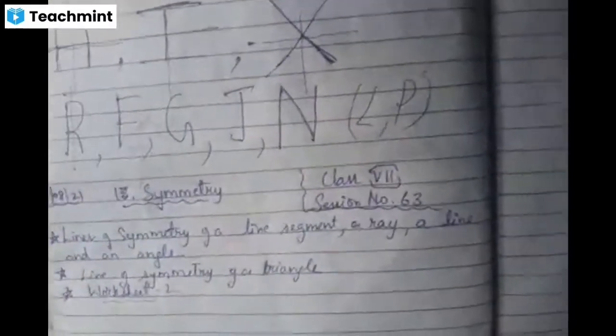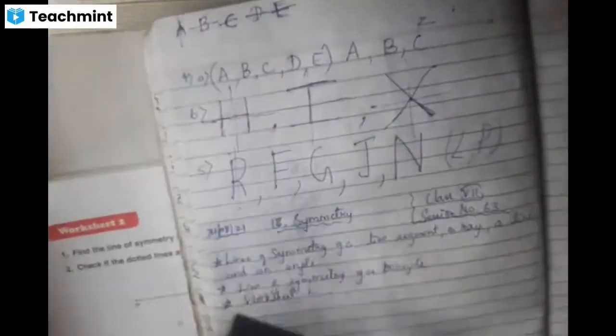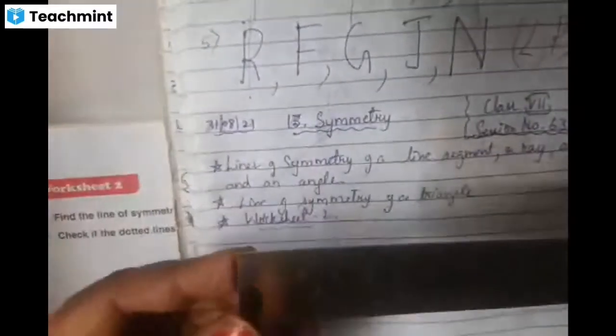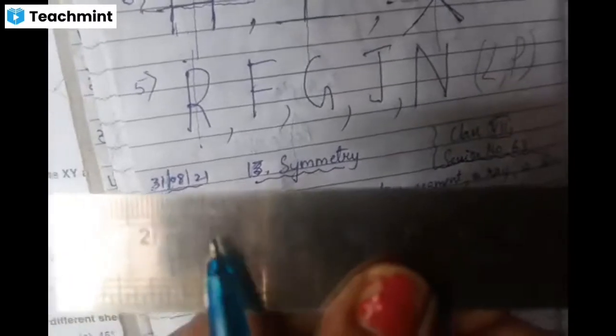Suppose I'm going to draw the line, children, on this book. When I draw the line here, you can take any measurement, children. Measurement is on the ruler, you have to take the ruler. You can take how many centimeters you want. Suppose here is a ruler, 1, 2, 3, 4.